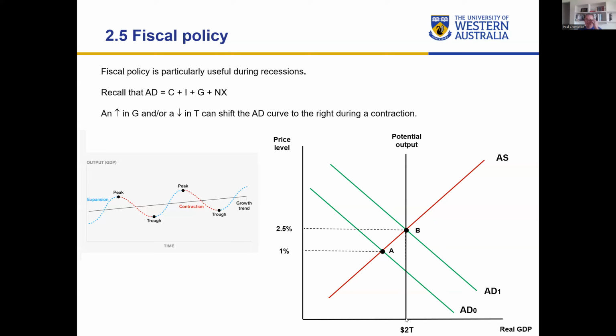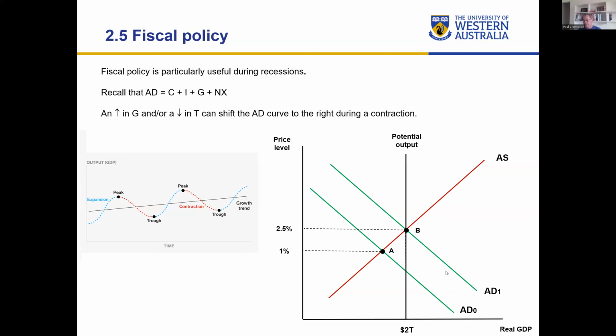You talk to different economists and you'll get a different unemployment rate that is consistent with potential output, but a lot of people are saying around 4%, maybe 3.8 these days. Okay, so we don't know the actual value of real GDP at potential output, but the actual unemployment rate will help us understand if we're close or not. And if the unemployment rate's roughly 4%, we're probably going to be somewhere close to potential output.